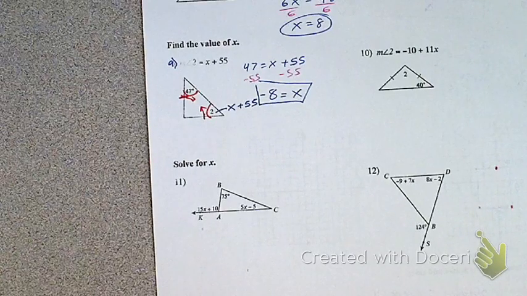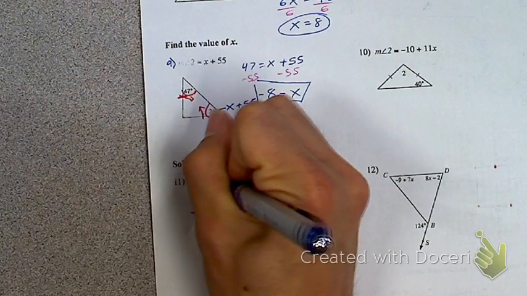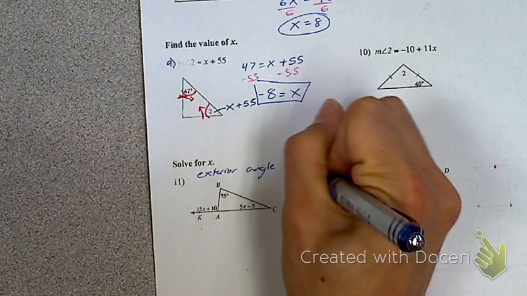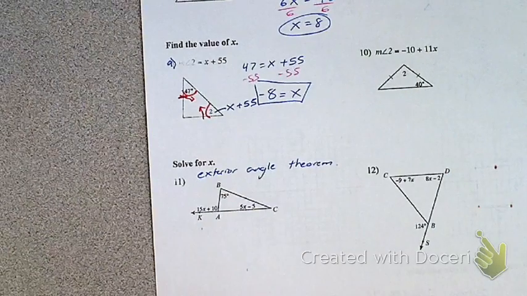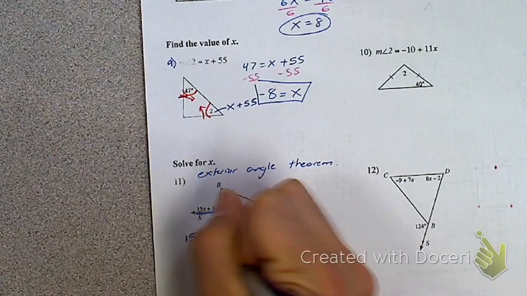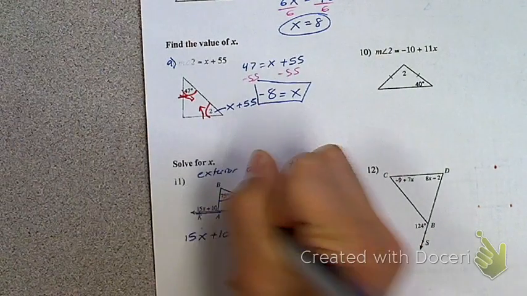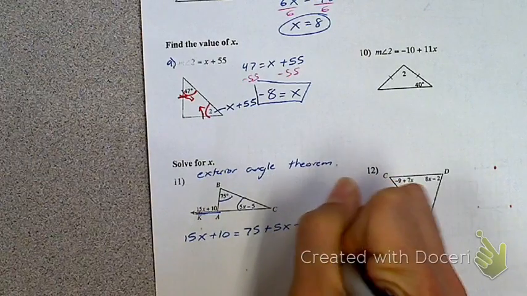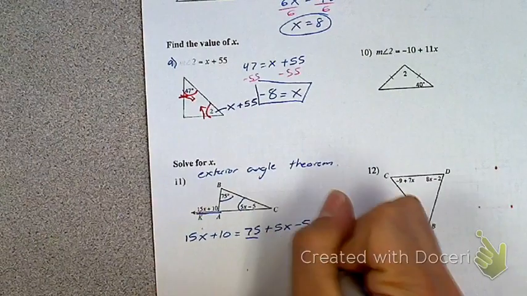Number 11 is the exterior angle theorem. That says that the one on the outside, 15x plus 10, equals the two on the inside, 75 plus 5x minus 5. Combine like terms.